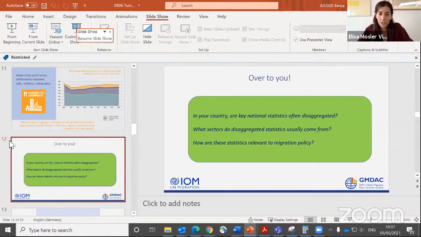So these are sort of 3 large questions, I know, but I'll give you a few minutes, for the rest of the presentation, feel free to put in reactions into the chat. I'm always interested to hear kind of in your own context and country, how often data is disaggregated or not, or whether you think this is something that should be focused on more or not.